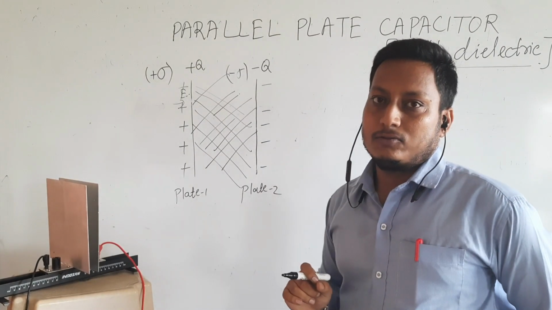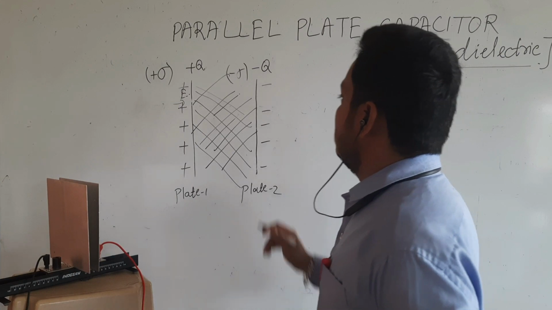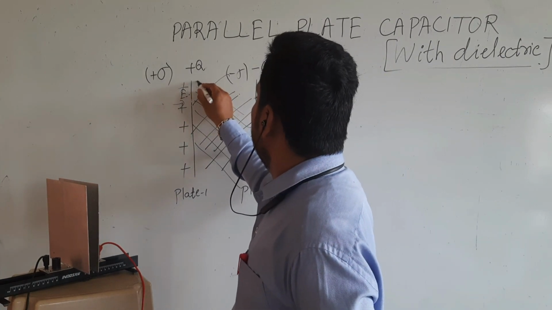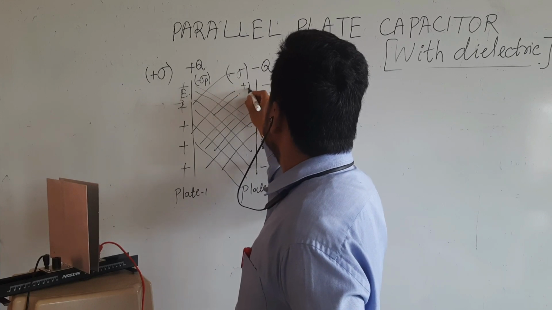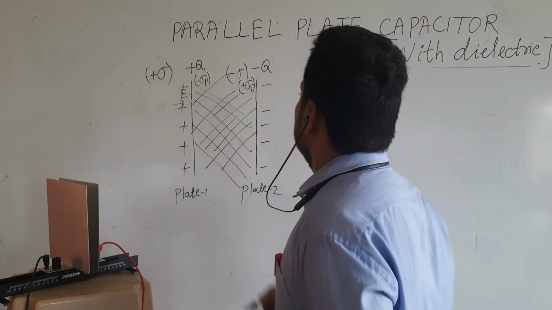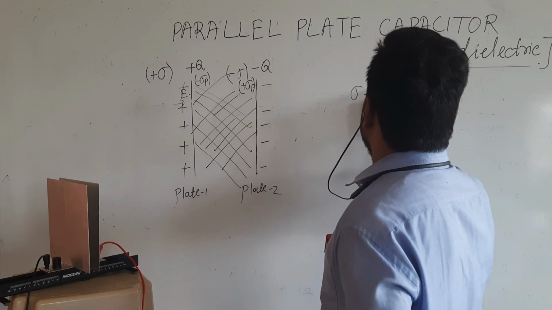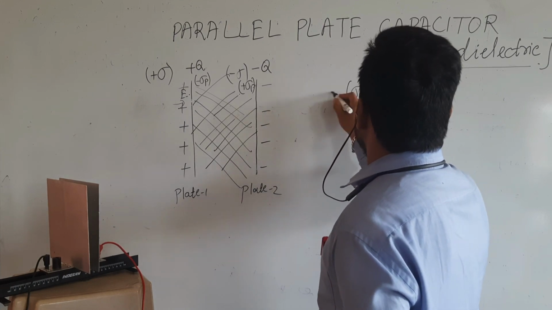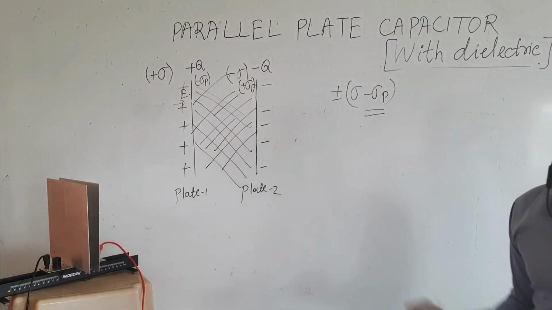This polarization reduces the charge density. Here we will have minus sigma p charge density, and here plus sigma p charge density. So for the plate, the charge density will be sigma minus sigma p, which will affect the electric field.